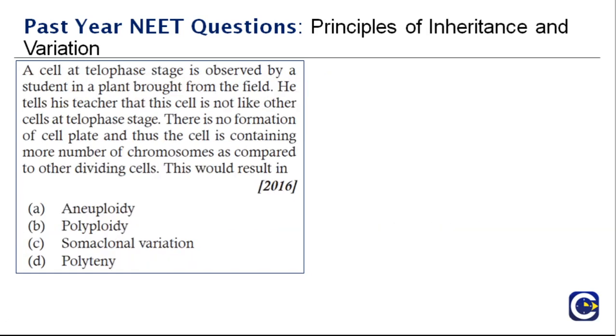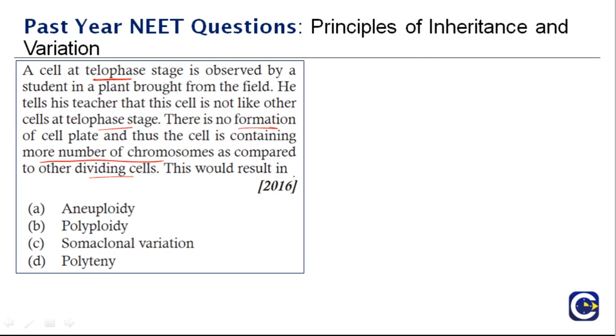The next question is: a cell at telophase stage is observed by a student in a plant brought from the field. It is the telophase stage. He tells his teacher that the cells are not like other cells at the telophase stage. There is no formation of cell plate, and thus the cell is containing more number of chromosomes as compared to the other dividing cell.